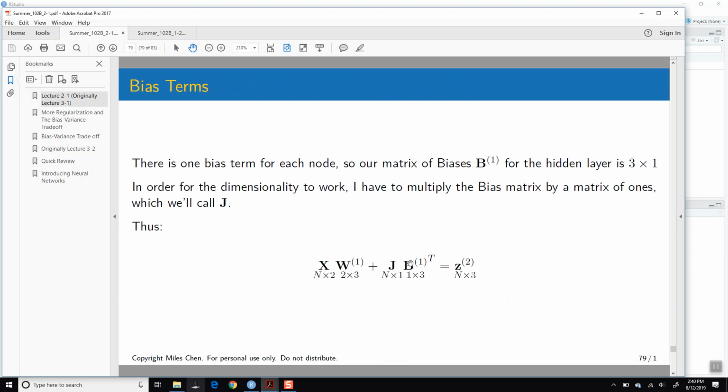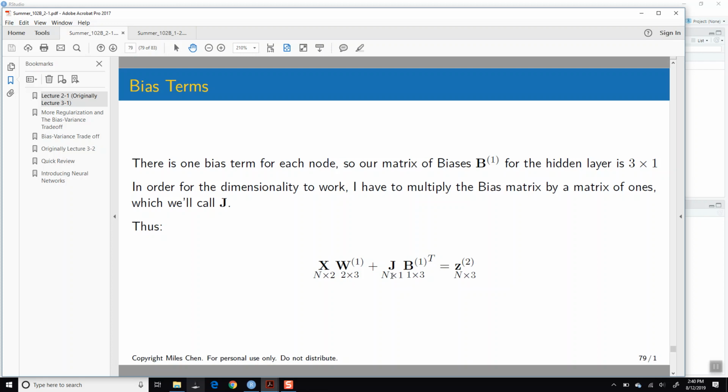In order to get everything to line up, you have to multiply it by some matrix. Here we're going to call it J, which is an n by 1 matrix, a column of ones, to duplicate the bias terms. And so this will become an n by 3 thing, and I can add these together to get this z here. So J is just a column of ones that will duplicate this.